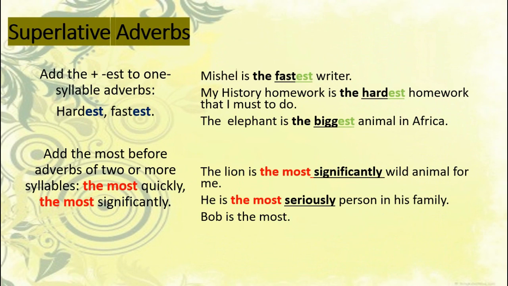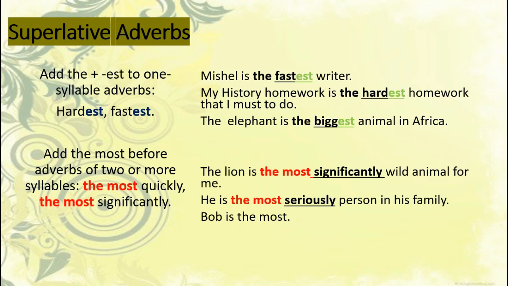Superlative adverbs. So the rules are almost the same in these examples. With superlative adverbs, we add the plus est to one syllable adverbs. For example, hardest, fastest, the hardest with the article the. For example, Michelle is the fastest writer. My history homework is the hardest homework that I must do.